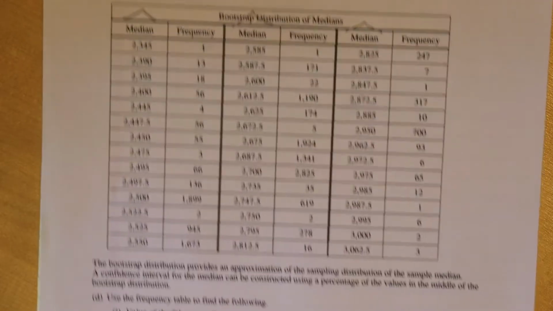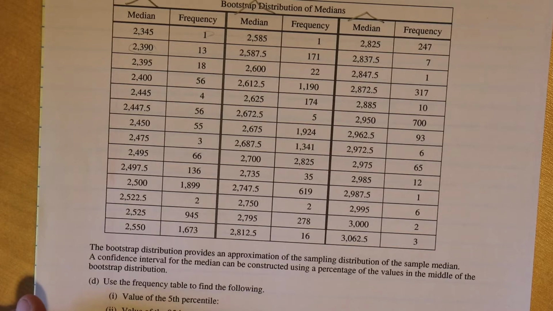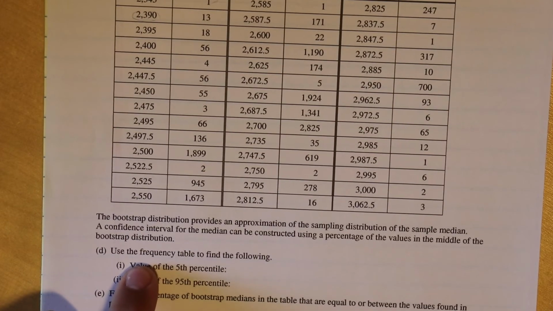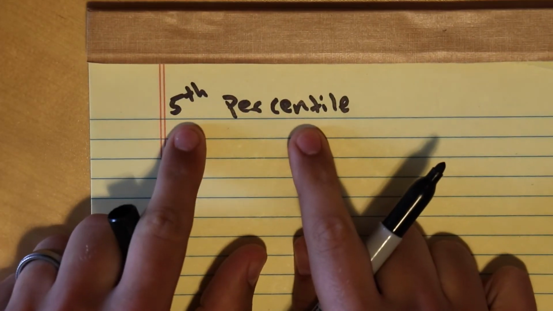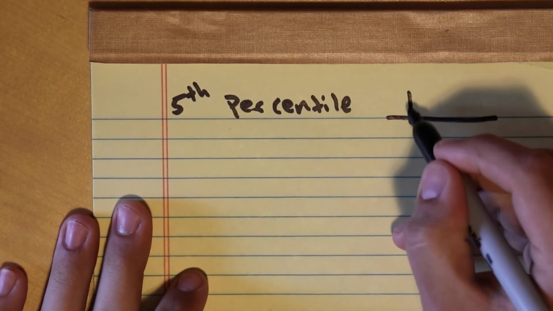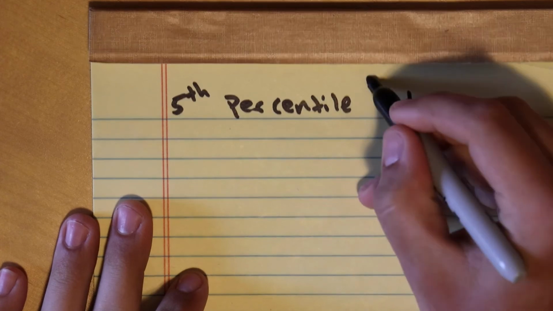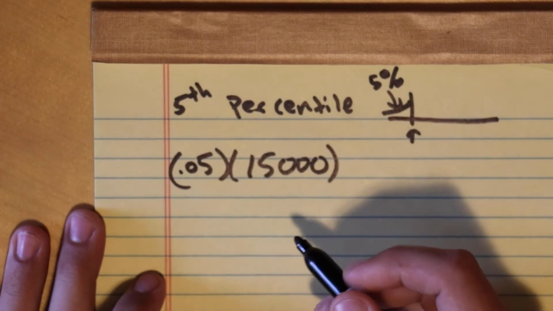Okay. The bootstrap distribution provides an approximation of a sampling distribution of the sample median. A confidence interval for the median can be constructed using a percentage of the values in the middle of the bootstrap distribution. Use the frequency table to find the following: the 5th percentile and the 95th percentile. Right, so the 5th percentile is the median where 5% of the data, right, 5%, so I need to find 5% of 15,000, which is 750.